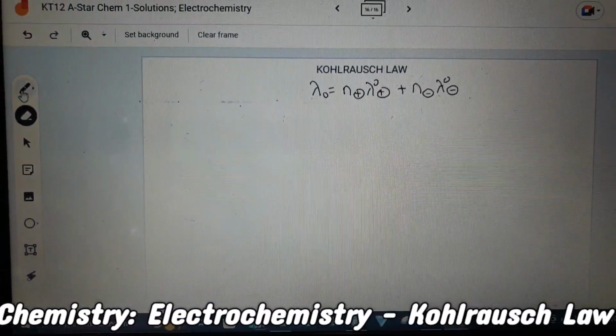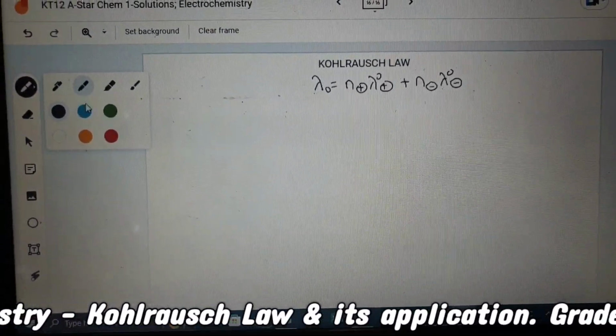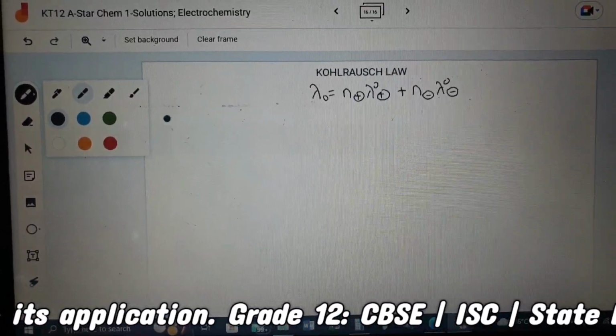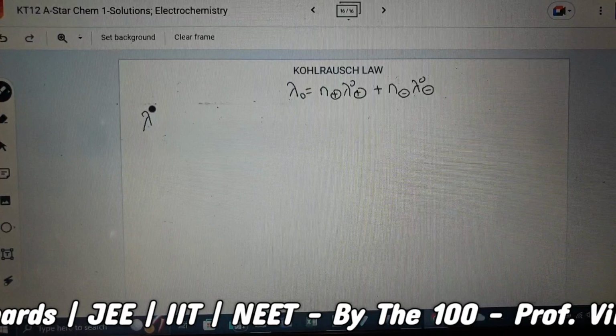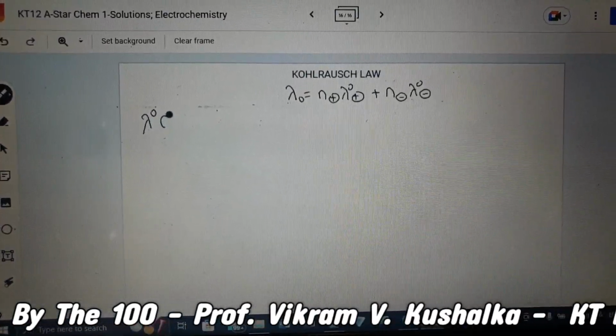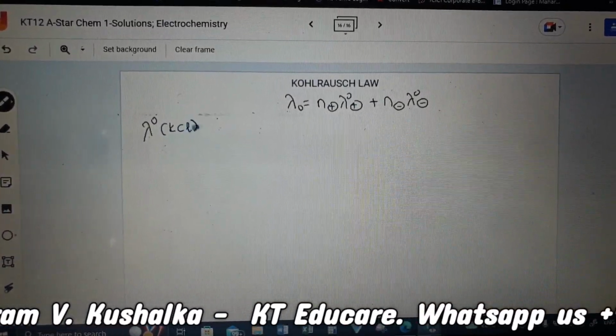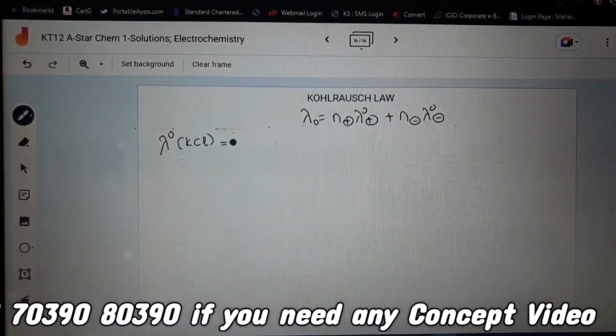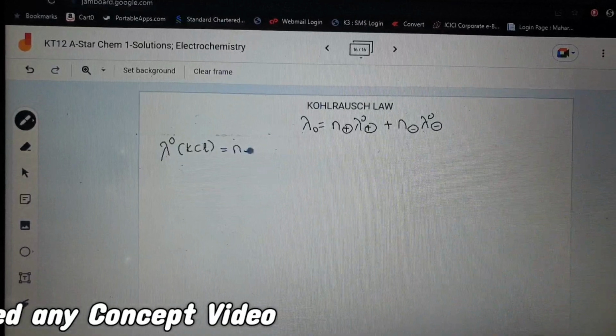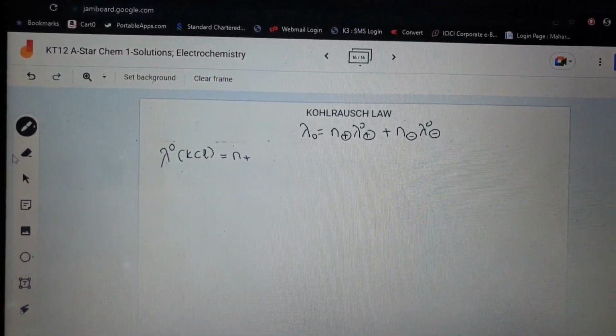Okay, now let me select a pen over here and we will go for an example. First of all, let us see how I apply this particular formula when I need to find out lambda naught of KCl. I can write it as n of K positive, correct?